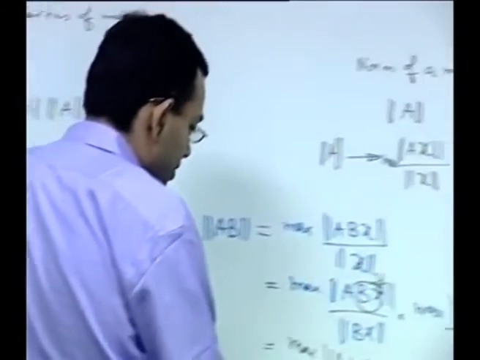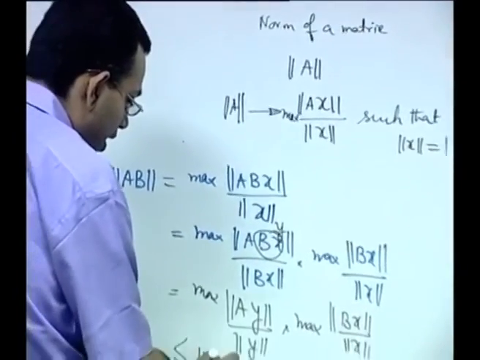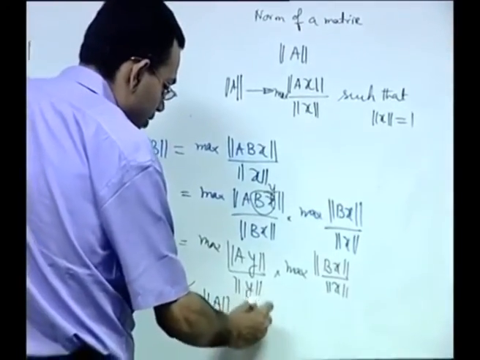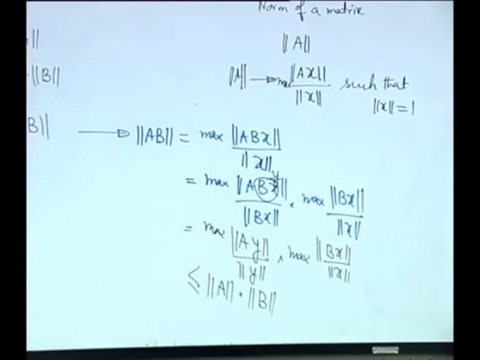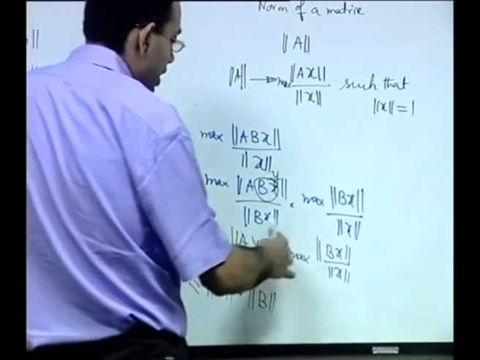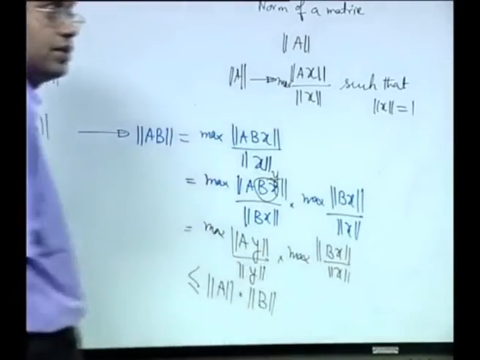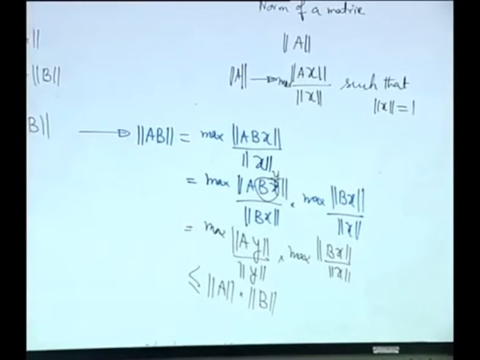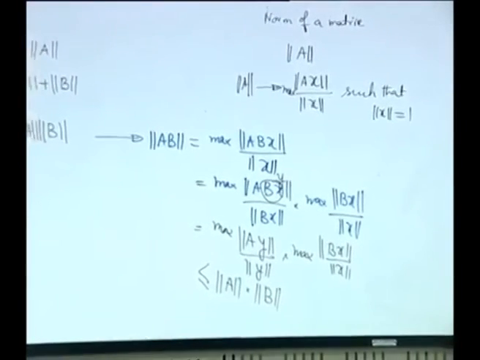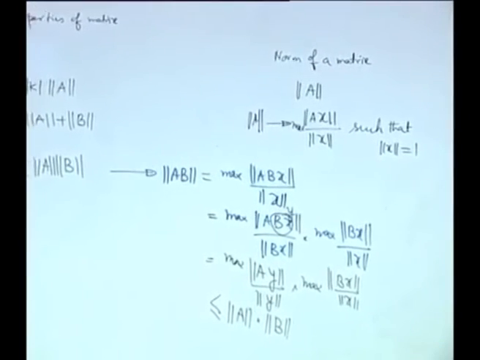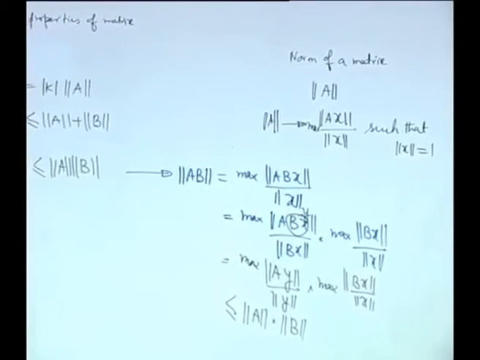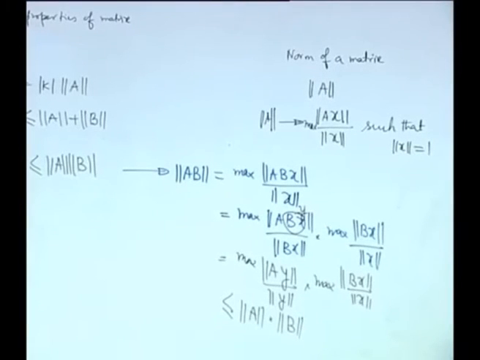So, this must be less than or equal to norm of A into norm of B. The first part belongs to norm of A and the second part belongs to norm of B. So, you can use this inequality very effectively for calculation of errors in elimination methods.